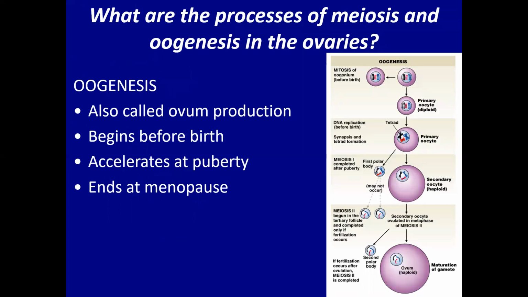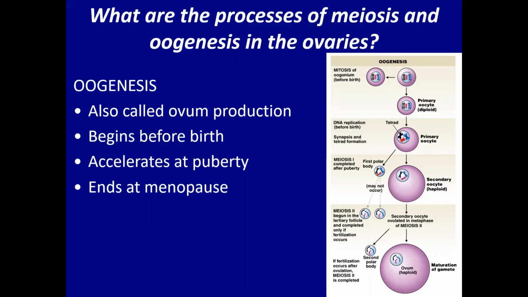Oogenesis is also called ovum production, and it begins before birth, it speeds up at puberty, and it ends at menopause. I think this is a good time to clear up some terminology. Often you will hear said that an egg and a sperm come together at fertilization and that produces a zygote.